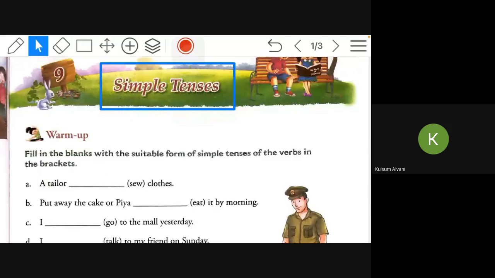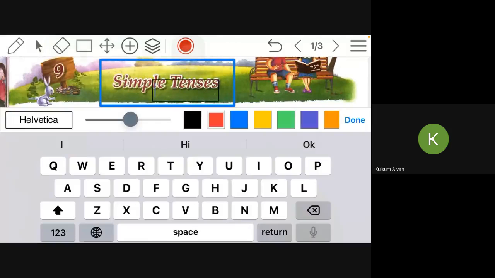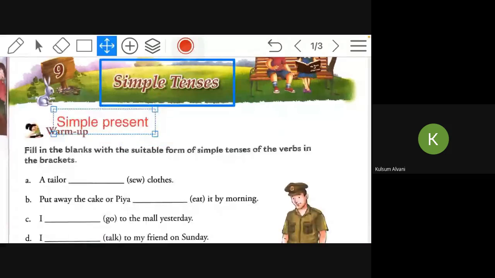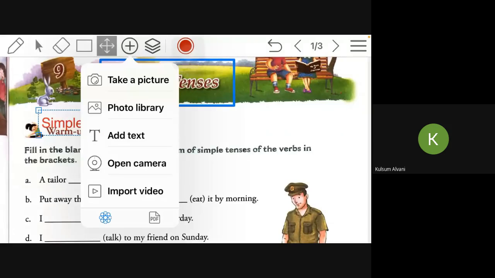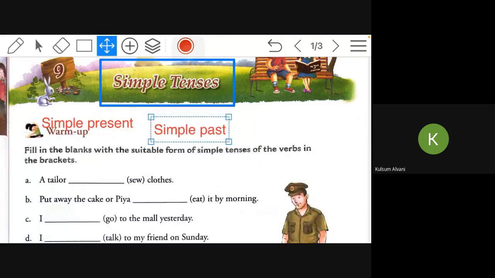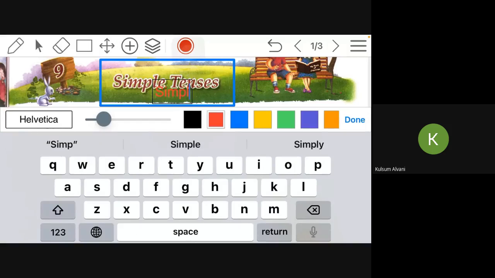Okay, so simple tenses. Now there are three types of simple tenses. I will write it again: simple present, simple past, and simple future.